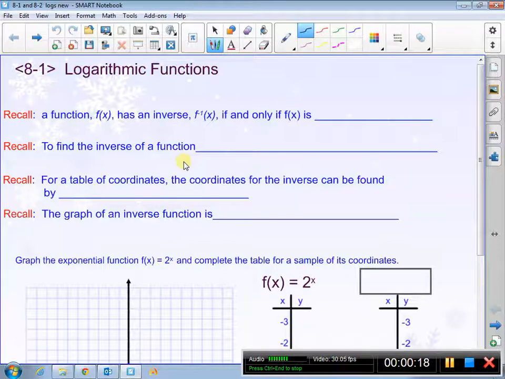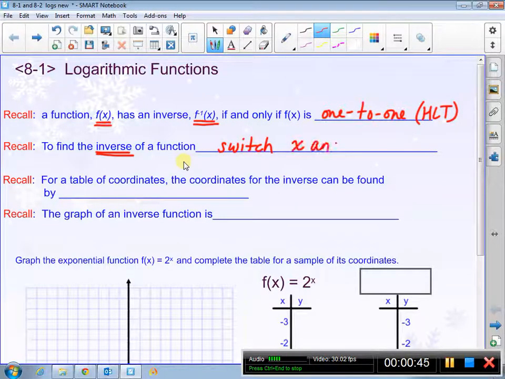Recall a function, which has notation f of x, has an inverse, f inverse of x, if and only if f of x is 1 to 1, which means it passes the horizontal line test. To find the inverse of a function, remember we switch x and y.